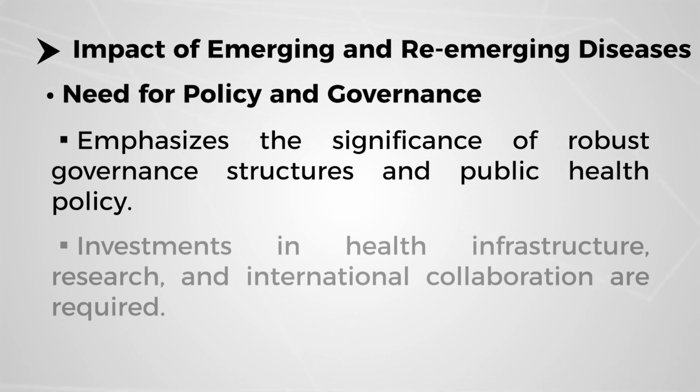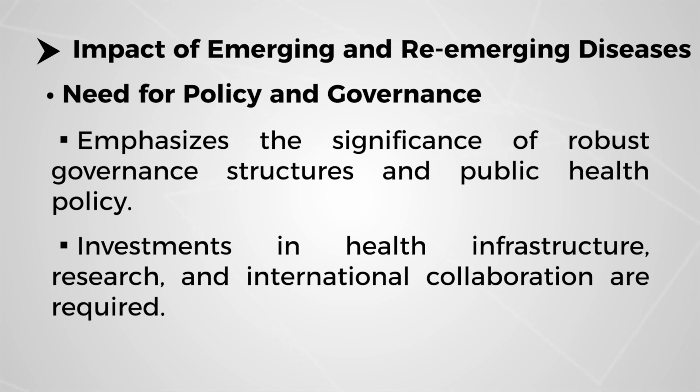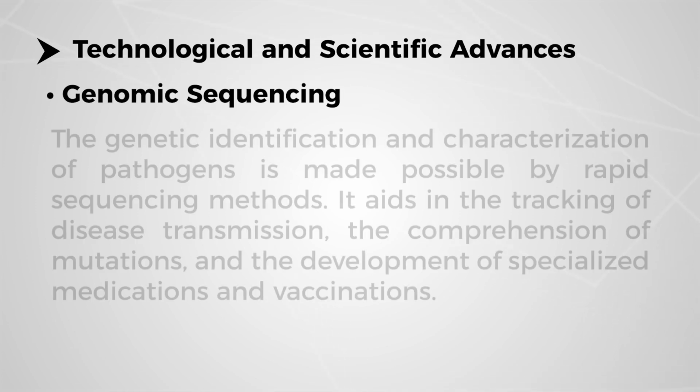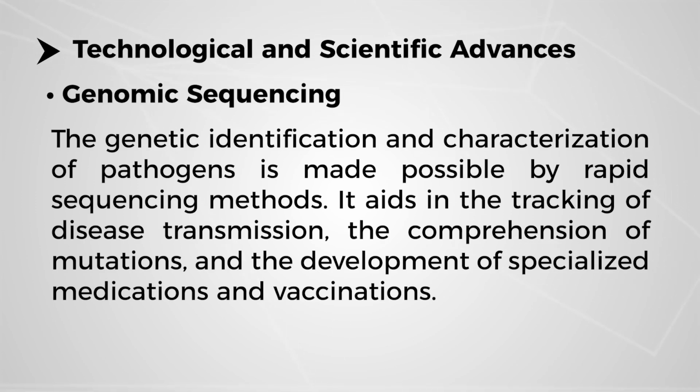So investment in health infrastructure, research and international collaborations is required, along with technological and scientific advancement like genomic sequencing, where the genetic identification and characterization of pathogens is made possible by rapid sequencing methods. It aids in the tracking of disease transmission, the comprehension of mutations and the development of specialized medicines and vaccines for particular diseases.